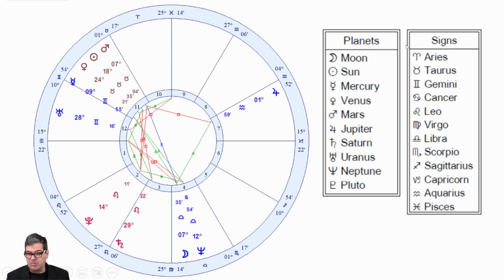So same rules apply. All we've got to do is figure out where Aries is in the chart. Well, we look at the ram symbol here, and this time, instead of looking inside of the wheel, I find that it's easier to look along the outside of the wheel, because in our last video I described what these various points mean on the outside of the circle. So here's Aries there. It's actually intercepted.